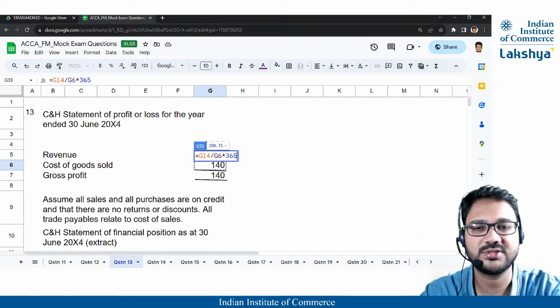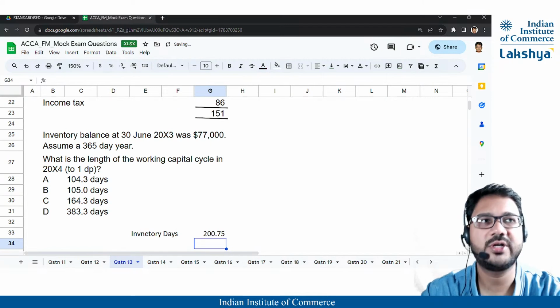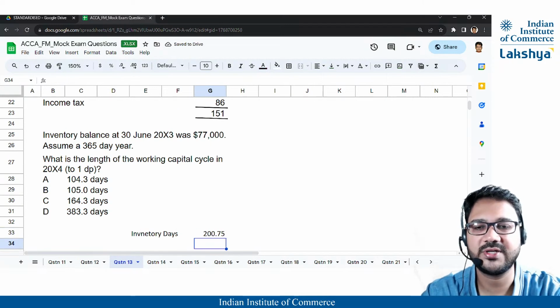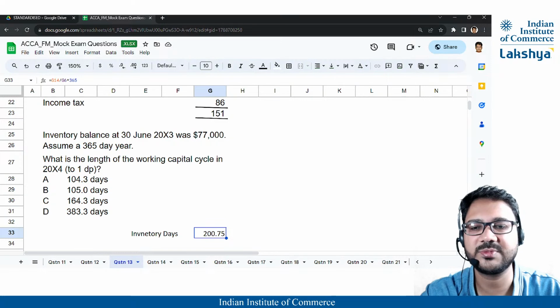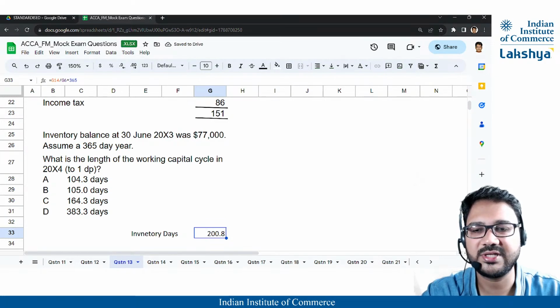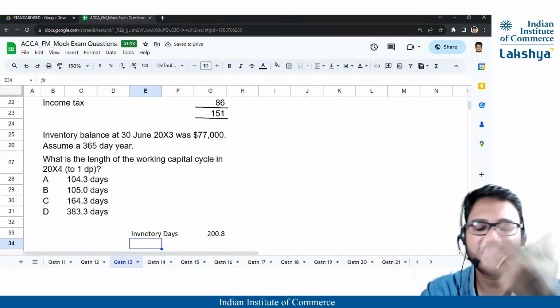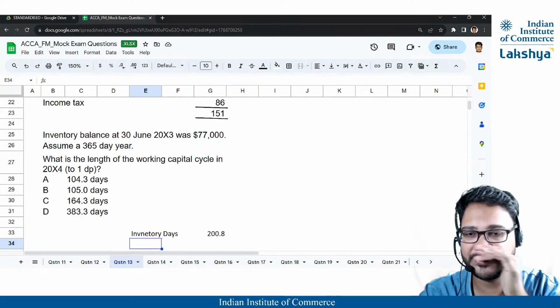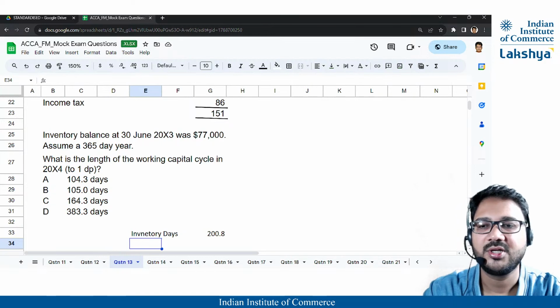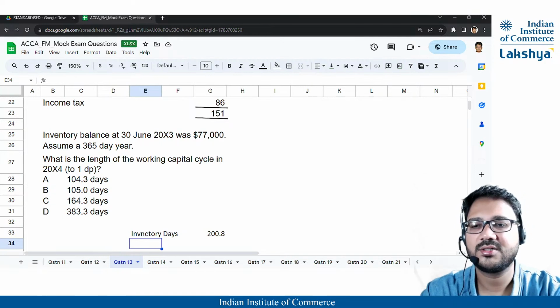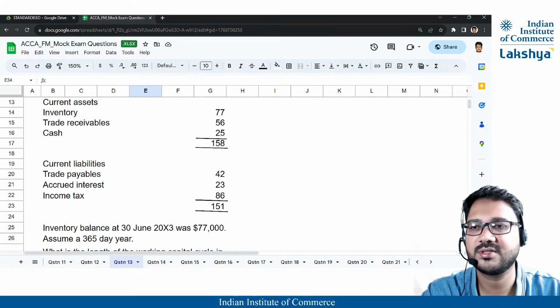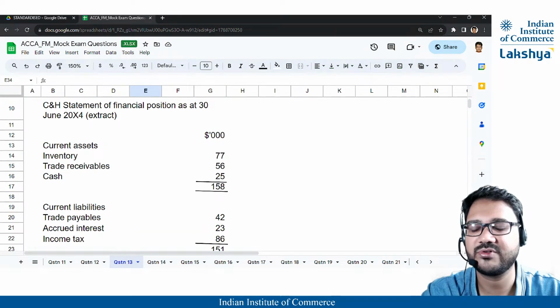That is 200.75. They say only one decimal point, but from the system point of view it does not matter, it's just presentation, because the system is going to take 200.75, not 200.8. That's the inventory days. After inventory, we have trade receivables.